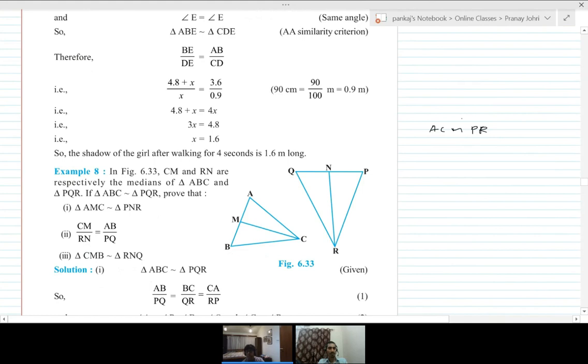When they say ABC is congruent to PQR, they mean that AB is equal to PQ, BC is equal to QR. So using this, we can say that AC by PR is equal to BC by QR, and is equal to half AB by half QP.